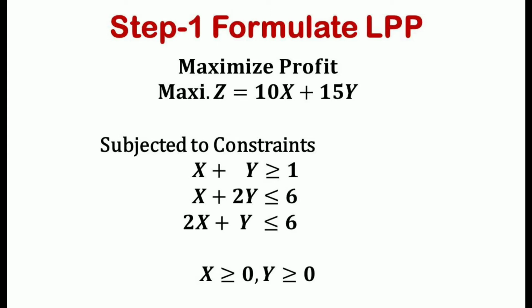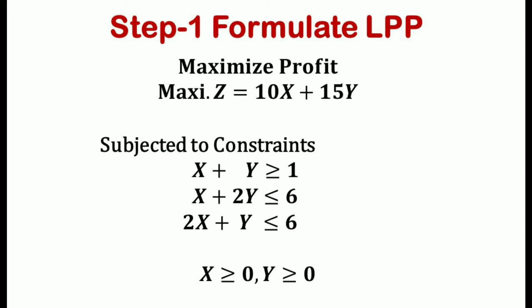But as against our previous examples, here we have slightly different constraints. In this example, two constraints are less than or equal to type and one constraint is greater than or equal to type. That's why we have a mixed constraint model. In this way, this example is a variant of the previous examples.